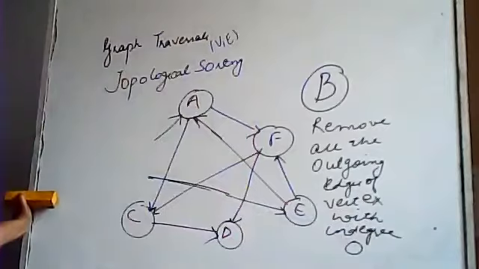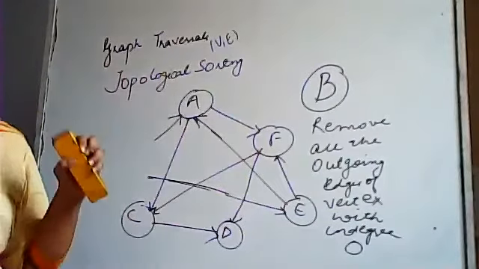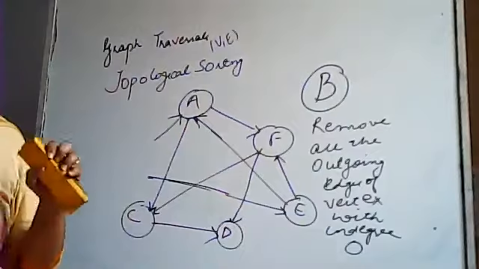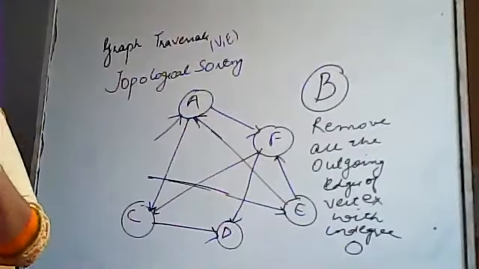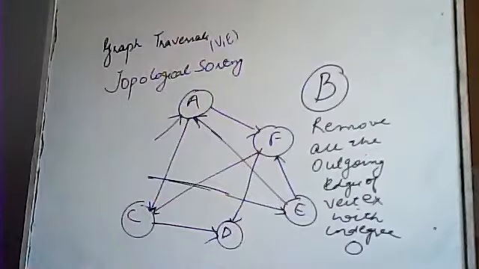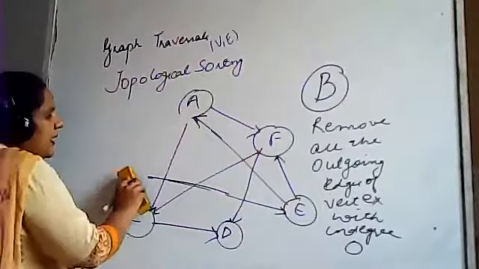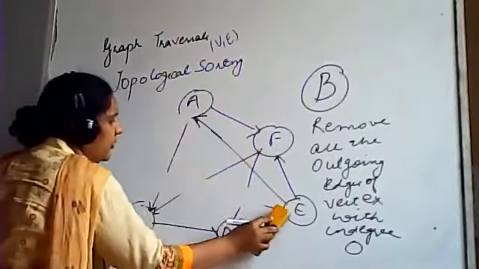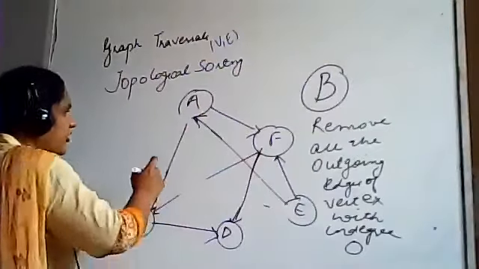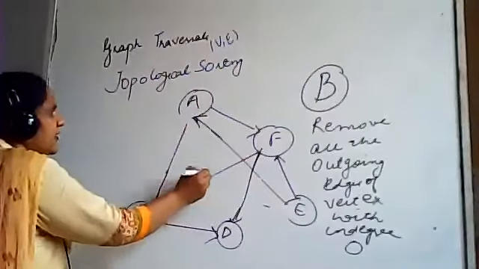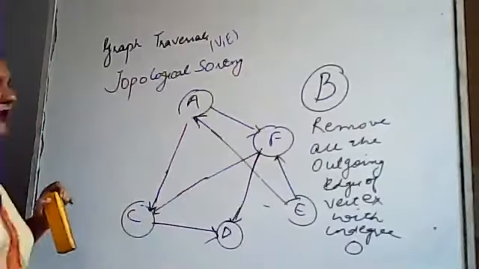So B has two outgoing edges. One was B to A and the second was B to E. So I'll remove them. Make sure you should not remove the direction part, otherwise you will be confused.